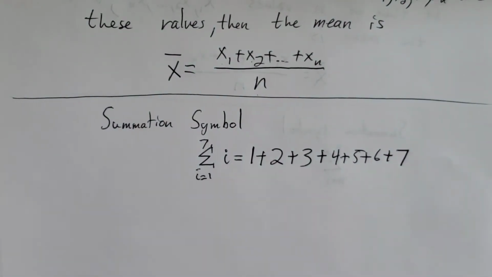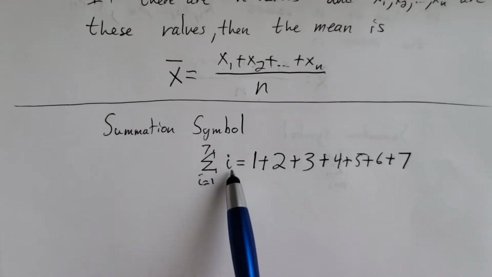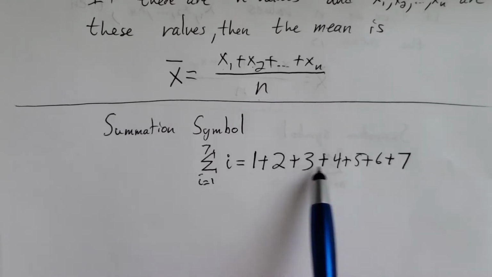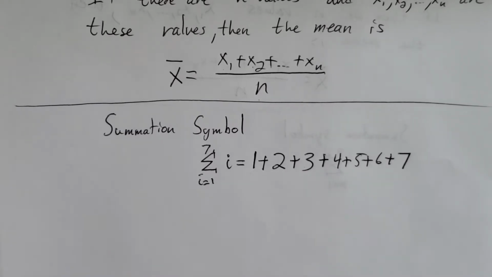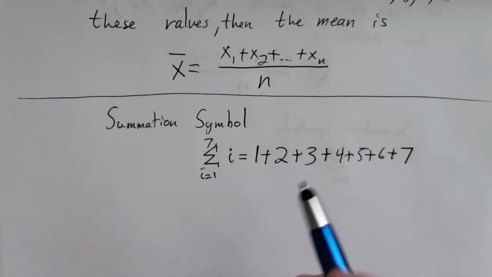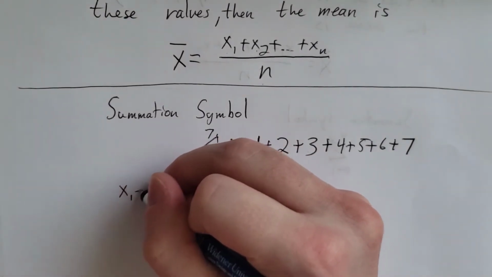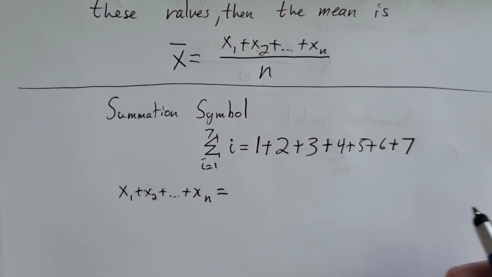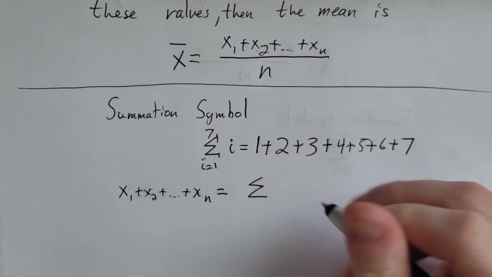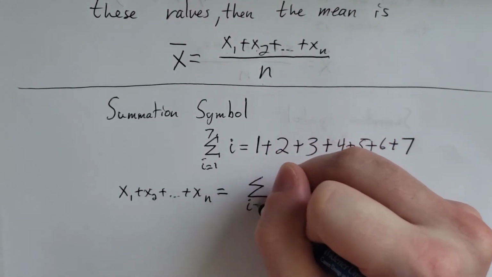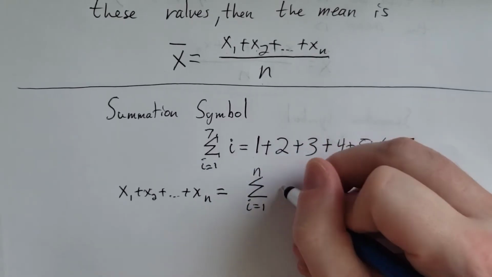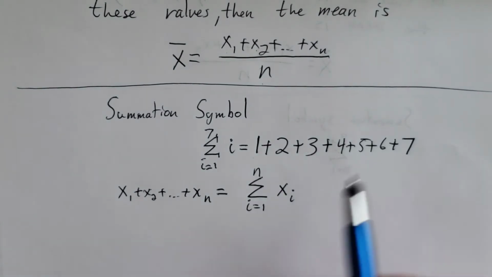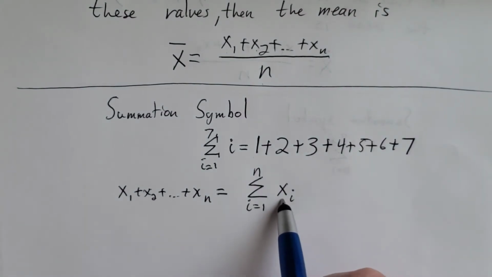So if we see a summation of i as i goes from 1 to 7, that just means 1 plus 2 plus 3 plus 4 plus 5, all the way up through 7. In particular, how can we rewrite x1 plus x2 plus all the way up through x sub n? We can write this as the summation from i equals 1 to n of x sub i. We say i is 1 first, so we get x sub 1.